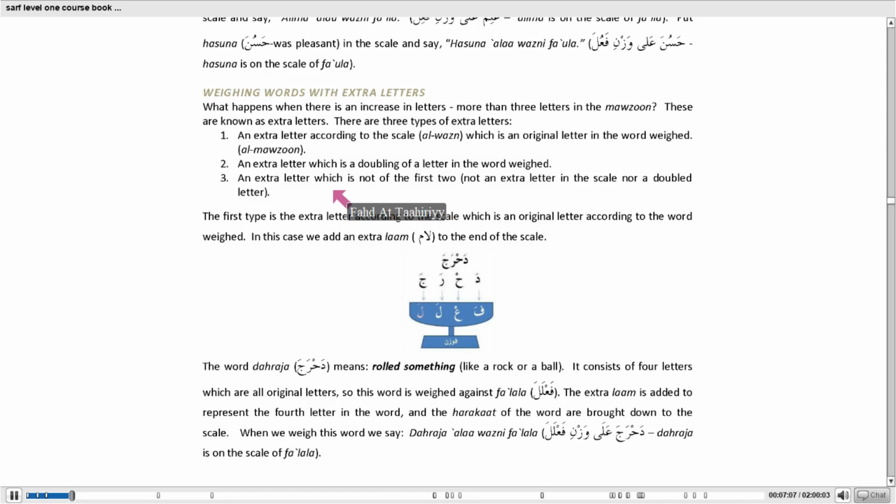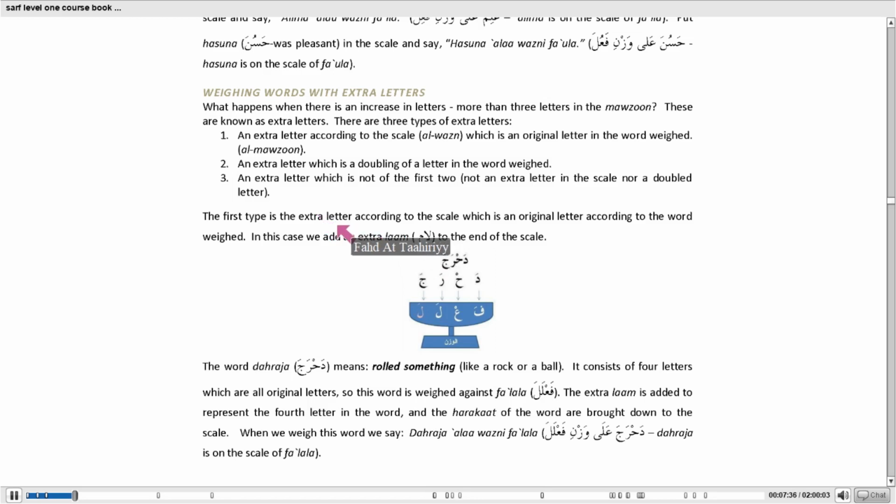So basically, what we said again is that the original letters in verbs could be 3, and the maximum number they could reach is 4. Is this clear? Okay.